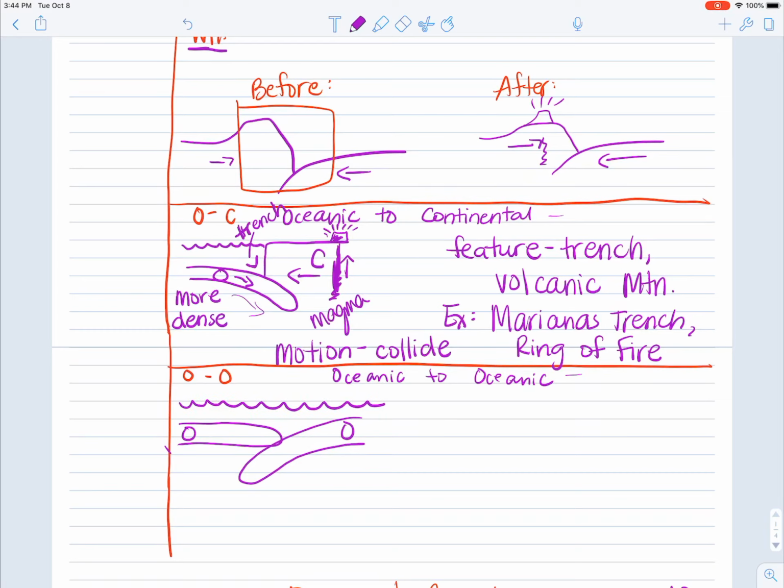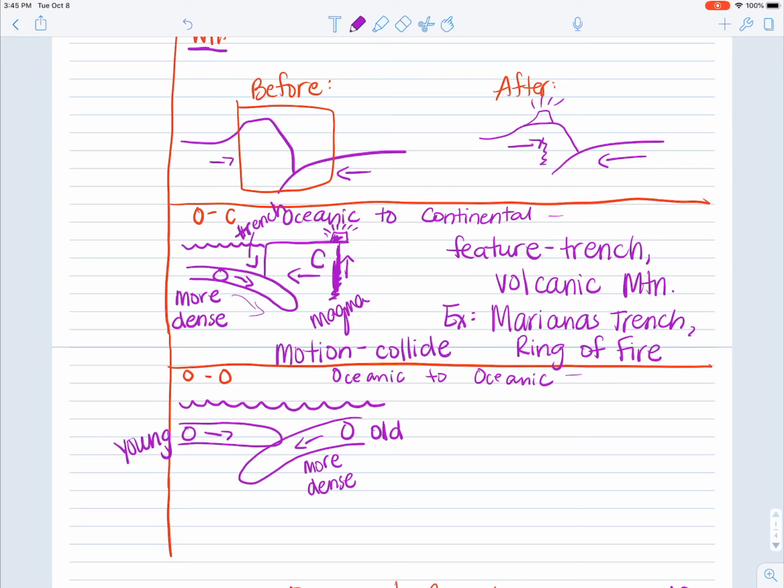However, the one that sinks below the other one, it has to be more dense, of course, because it sinks. But it's always going to be the older one because it has many more millions of years to add sediments to it, and so it's going to be heavier. Whereas this other one is going to be the young plate.